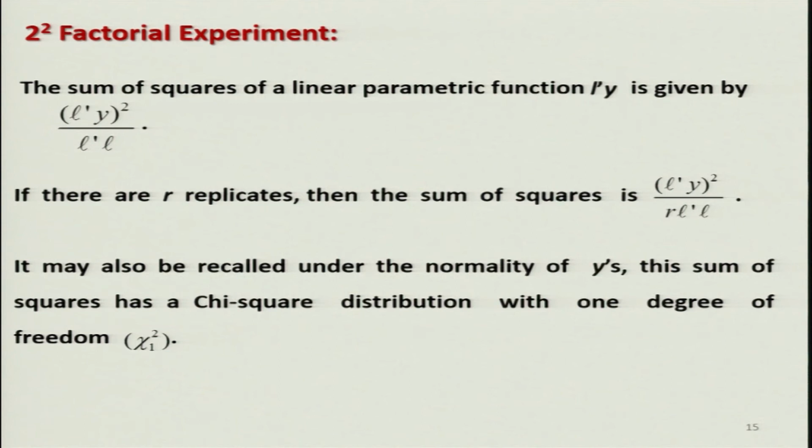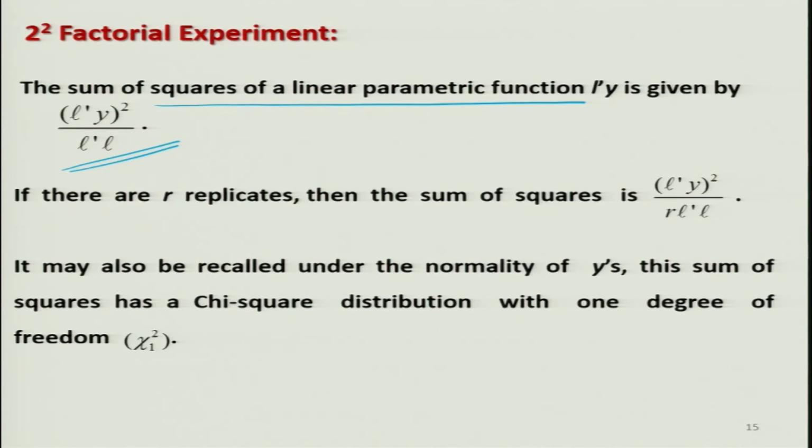If you try to recall, the sum of squares of a linear parametric function L transpose y is given by L transpose y whole square divided by L transpose L. Now, L transpose L is simply the total number of elements in the vector L, because you are considering only 2 types of elements, +1 and -1, in this case.